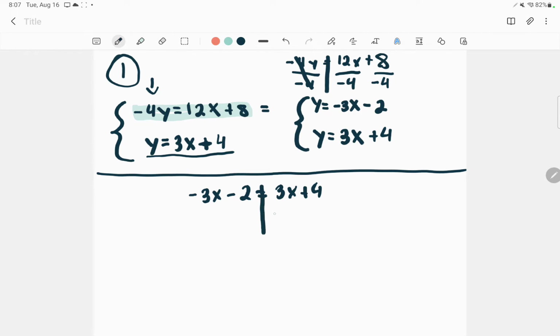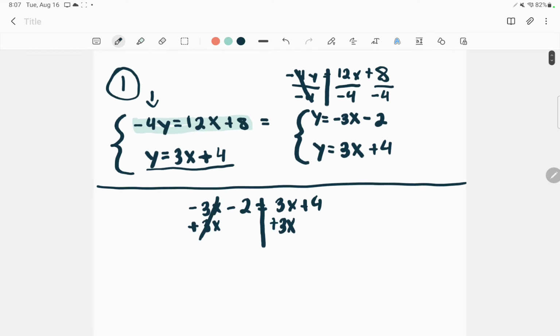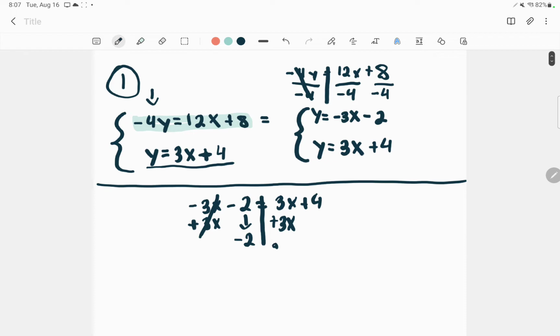So I'm going to move this negative 3x to the other side. So I'm going to do plus 3x, plus 3x. The 3x is canceled over here. I'm going to go ahead and bring down the 2. So negative 2. What is 3x plus 3x? That's going to be 6x plus 4. Now I have negative 2 equals 6x plus 4.